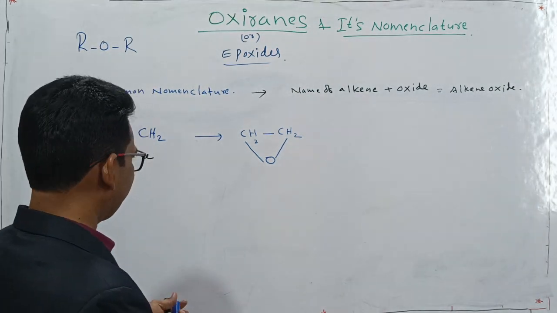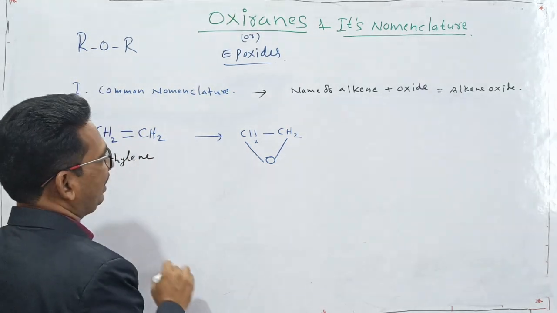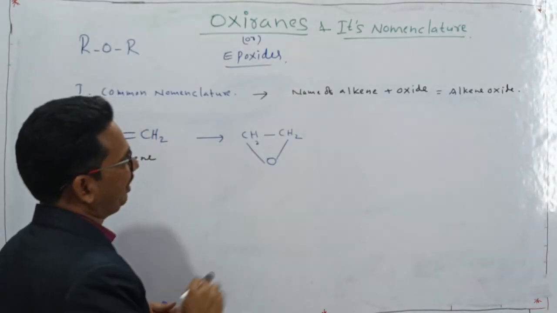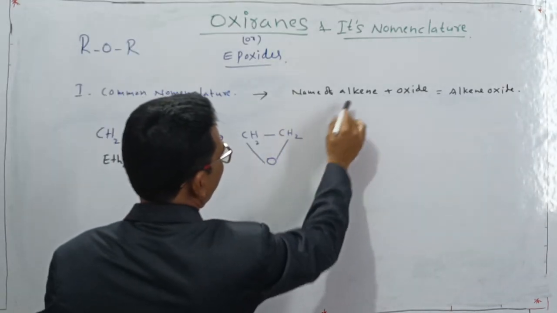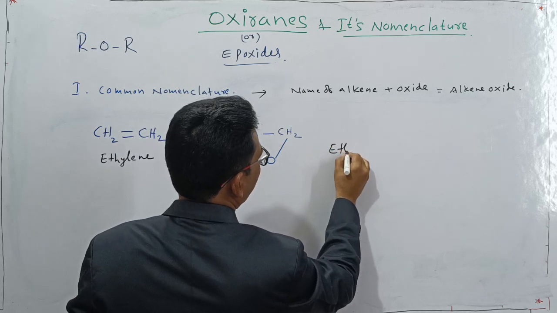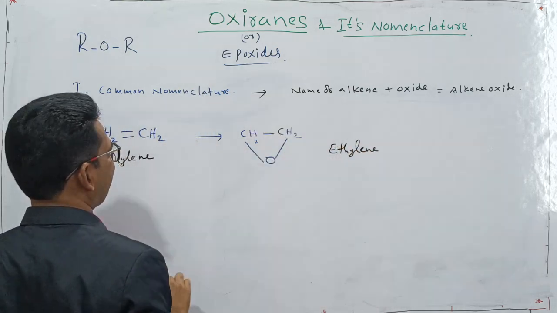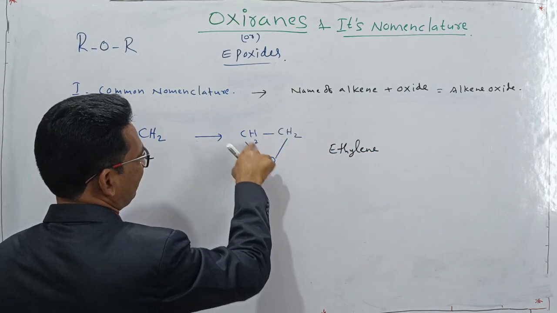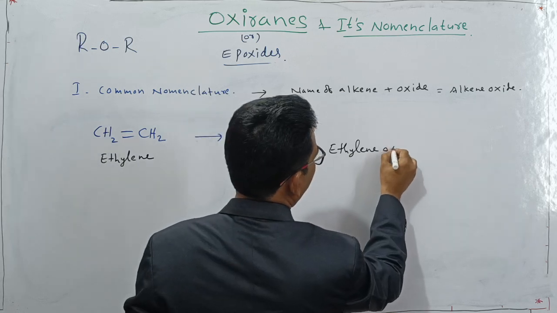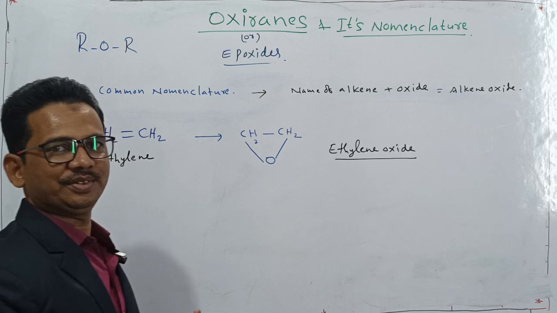Now see, what is the common name for this alkene? Ethylene. That's why first we have to write the name of the alkene, ethylene, plus oxide, because here oxygen is attached. Ethylene oxide. This is the common name for this one.